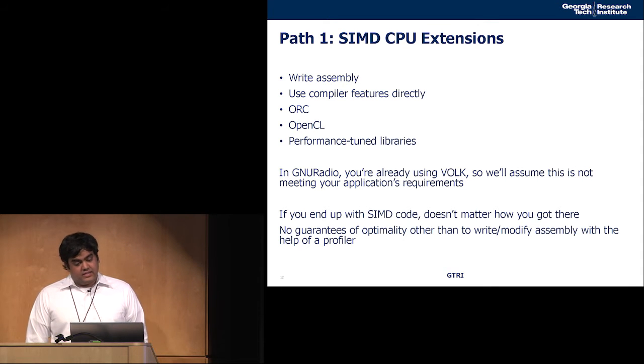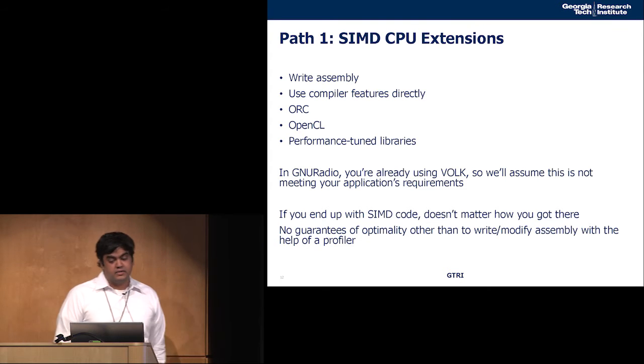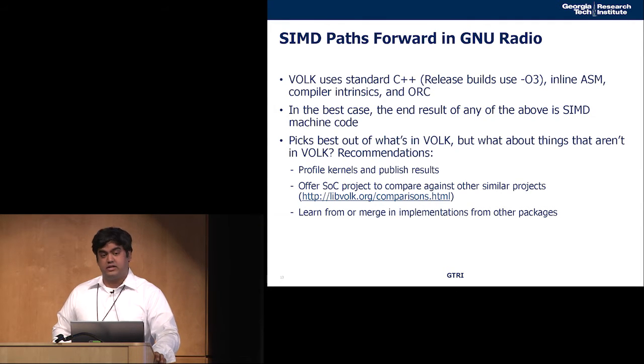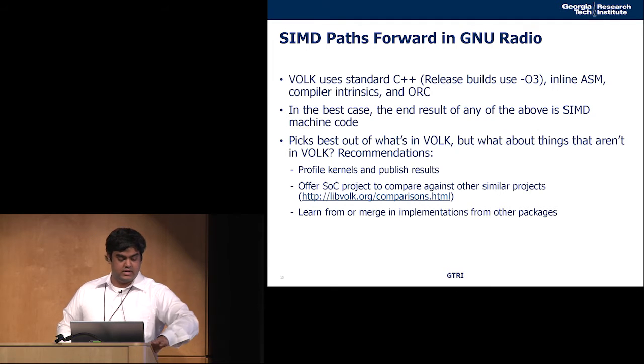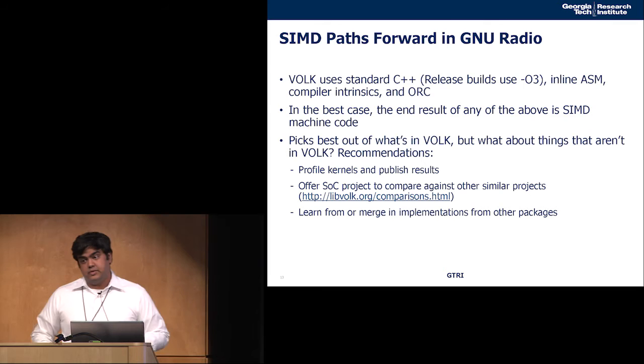And no matter how you get there, you end up with SIMD code with any of these ways of doing it. If you look at the second one, using compiler features directly, this can be intrinsics, or it can be trying to use the auto-vectorizer, your -O3 GCC auto-vectorizer. And if it does a good job, it does a good job. You end up with SIMD code, and it doesn't really matter.